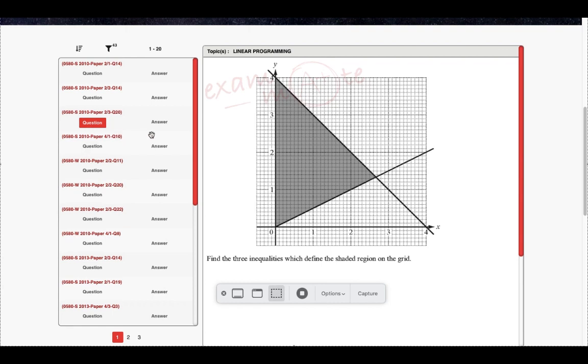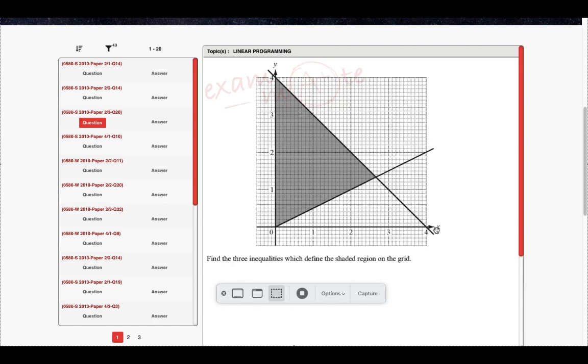So the question says, find the three inequalities which define the shaded region on the grid. Every line has its own inequality. Okay, there is one inequality here. See this one that passes through here.